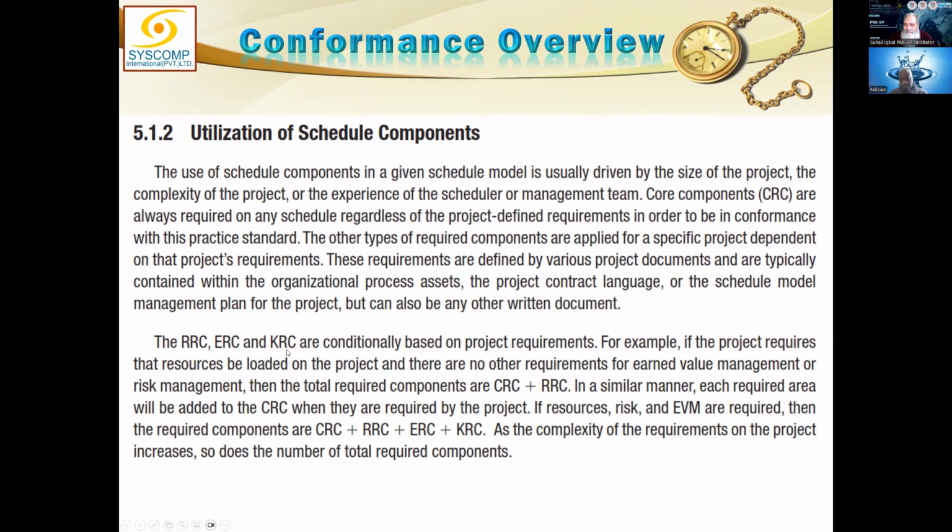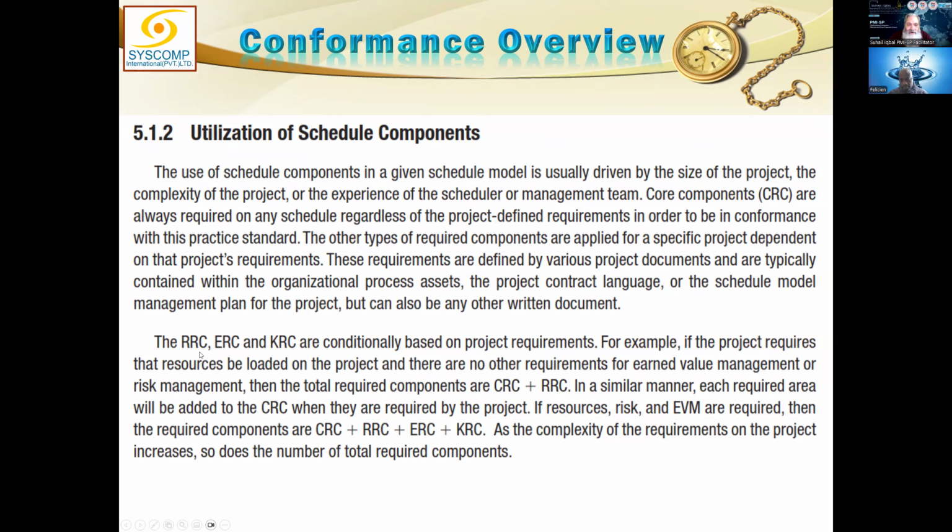They are currently not required, but if you practice resource management, all RRC items become required. If you practice earned value management, all ERC items become required. And if you practice risk management, all KRC items become required.